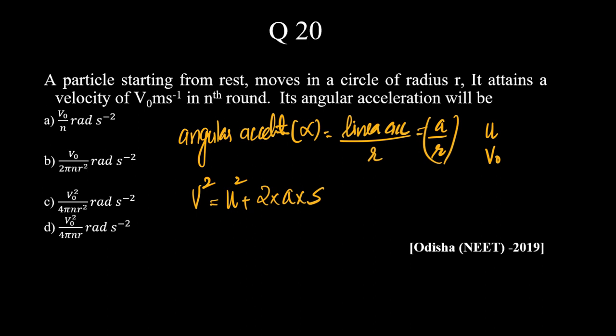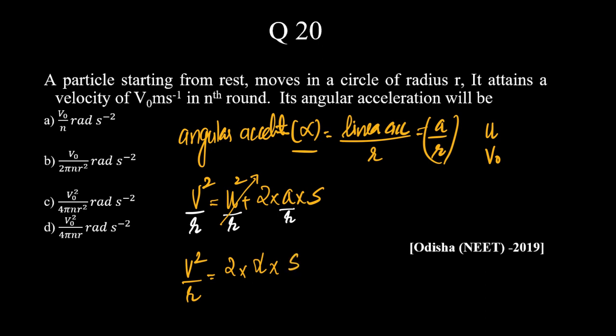Now what we need is not a, what we need is a by r. So I'll divide this equation by r. So what do you get? V square by r is equal to, see, u is 0, which means this term will get eliminated, and what we get is 2 into a by r, which is alpha, into s.